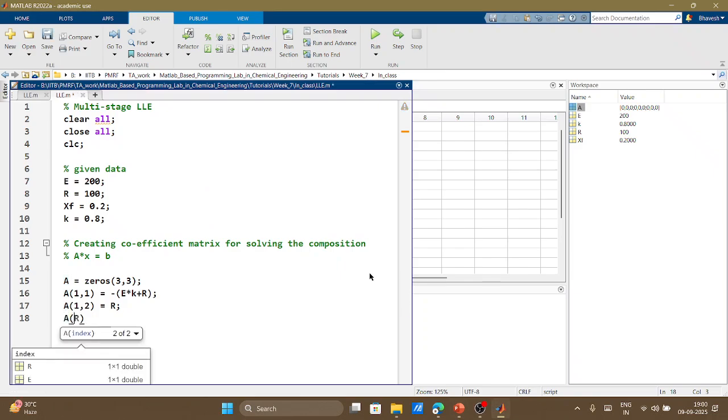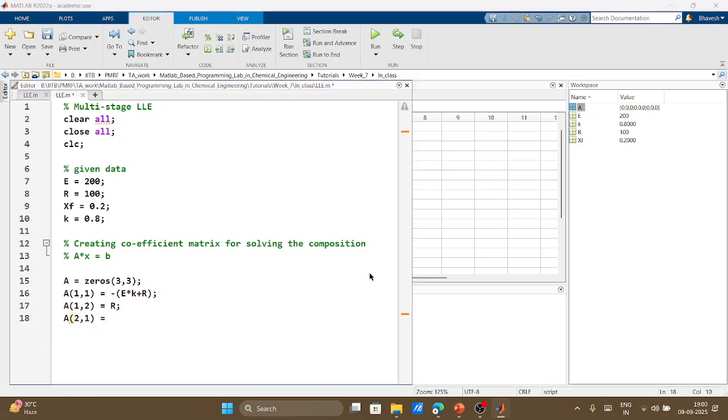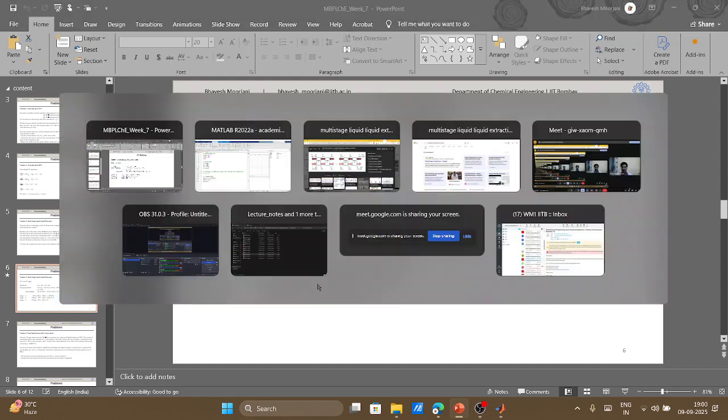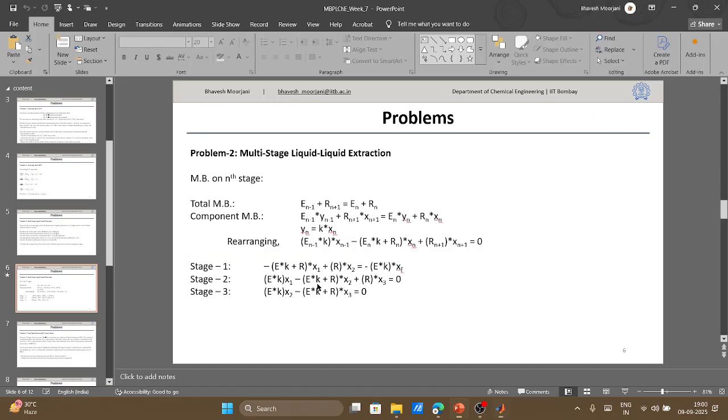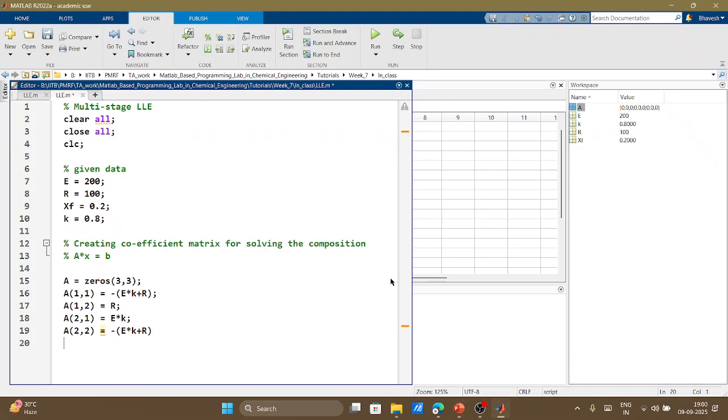So I don't have to provide it. Now moving on to second equation, the coefficient of x1 is E times K, so E into K. Coefficient of x2 in the second equation is minus E into K plus R, and then coefficient of x3 is R, so A(2,3) is equal to R.